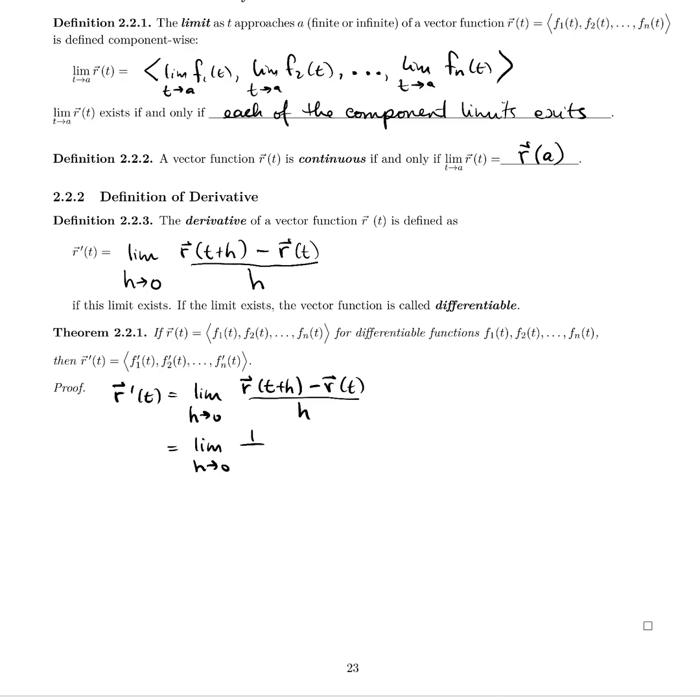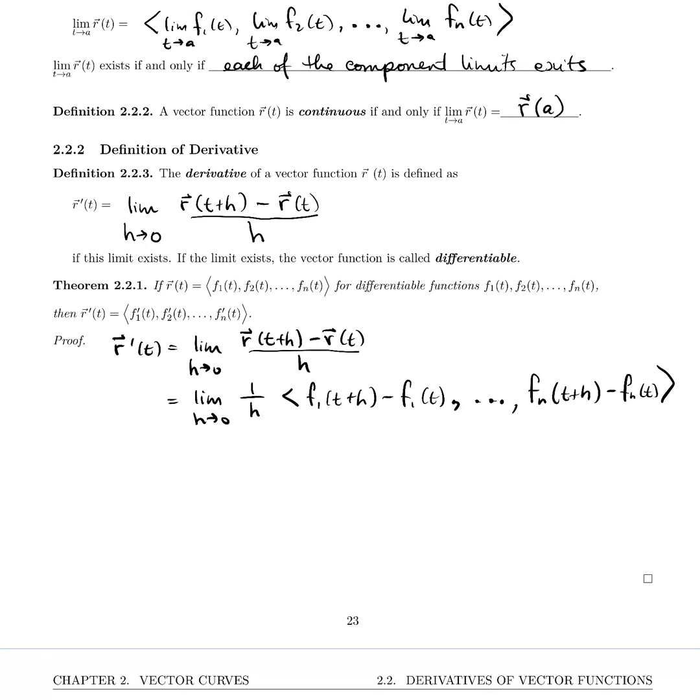I'll bring out the 1 over h as a scalar. And we've got the first component, f1 of t plus h minus f1 of t. And we have that all the way up to the last component as well, f sub n of t plus h minus f sub n of t. That's what vector subtraction means.